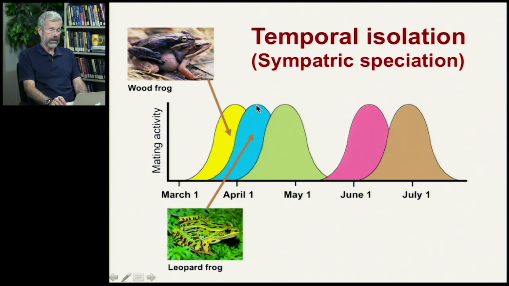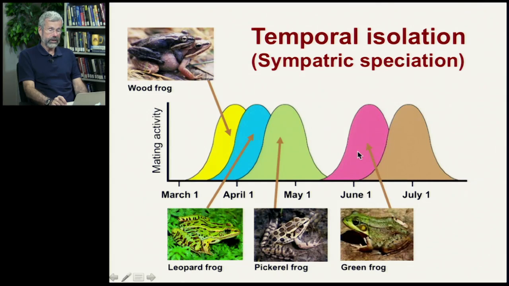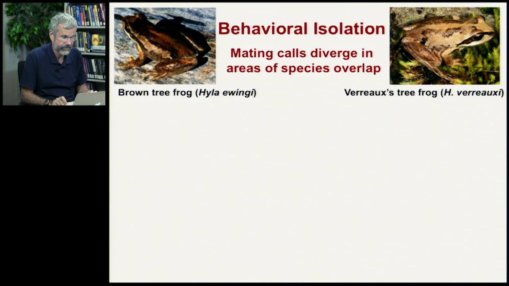In the same pond, the leopard frog does most of its mating about a week later. The pickerel frog mates mostly in late April, the green frog in early June, and the bullfrog not till just about July. They can all live in the same pond, but wood frog sperm is not going to meet pickerel eggs and vice versa because of the different timing of mating.